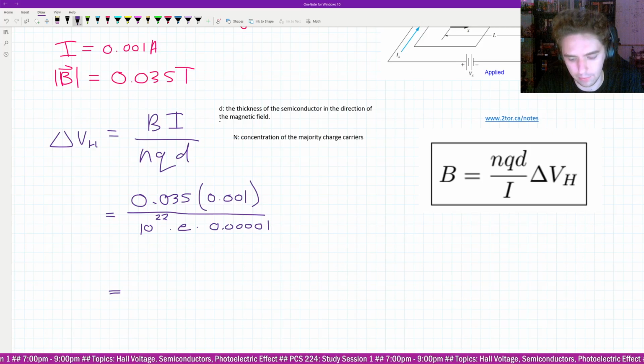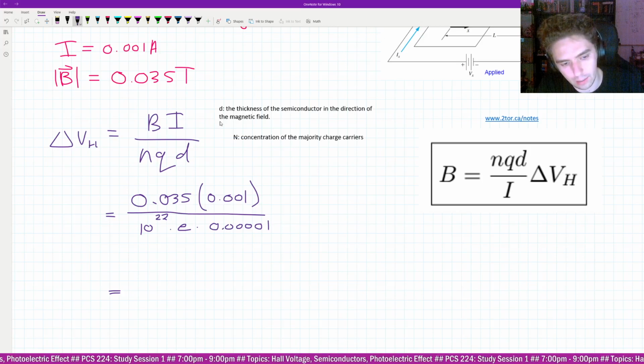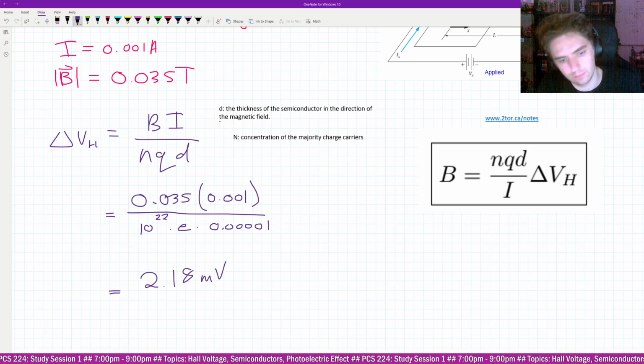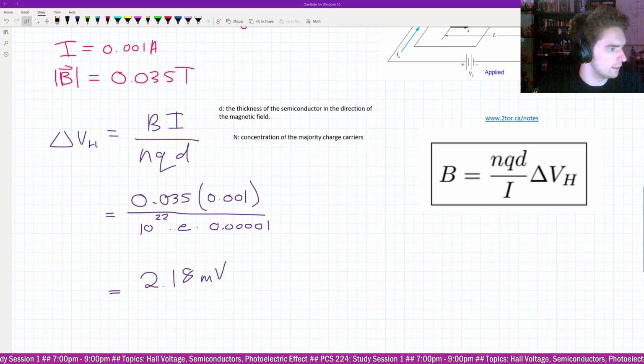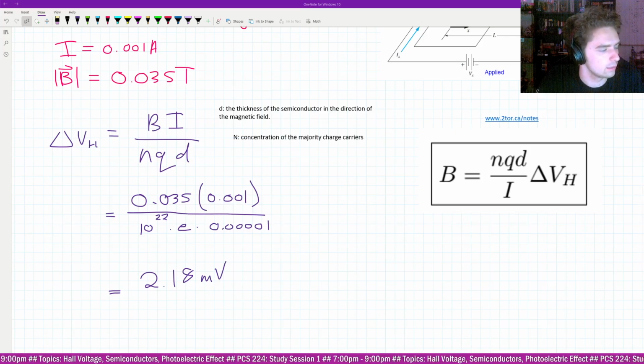I think I remember that right. Times 0.0000... So my Hall voltage should be 2.18 millivolts. And should have the answers. 2.19 millivolts. Okay, good. That worked.